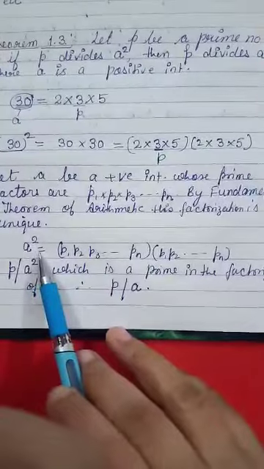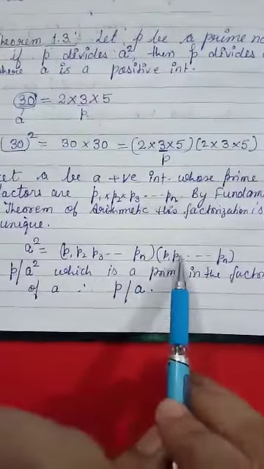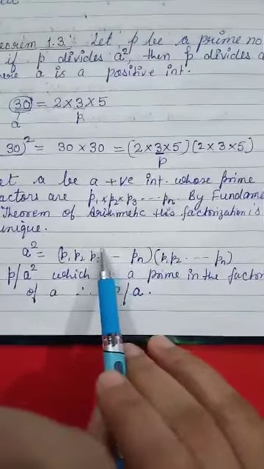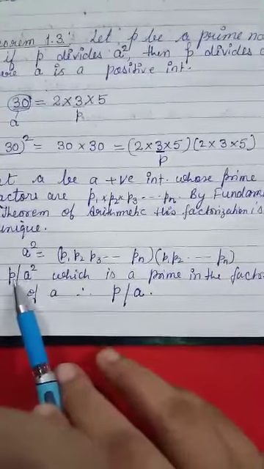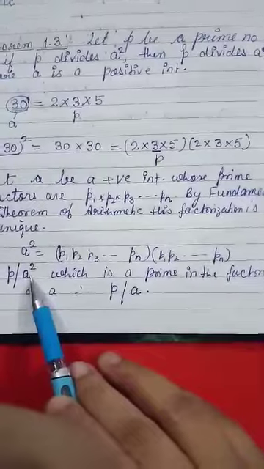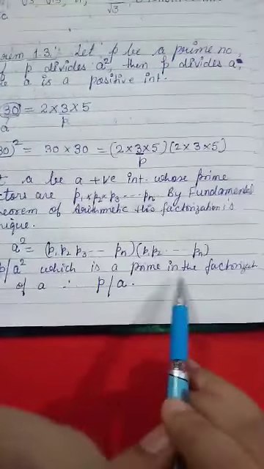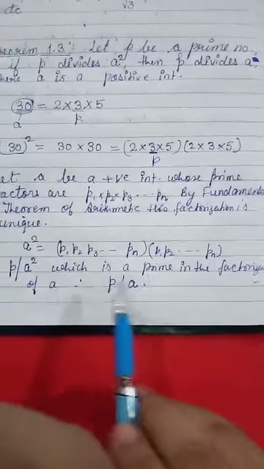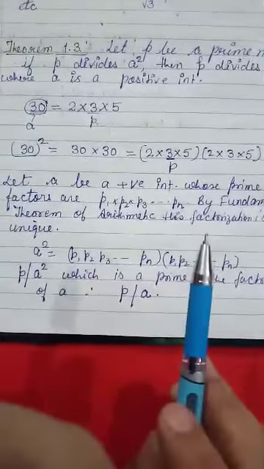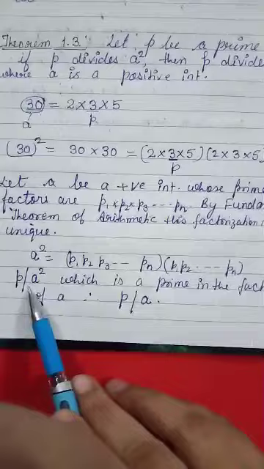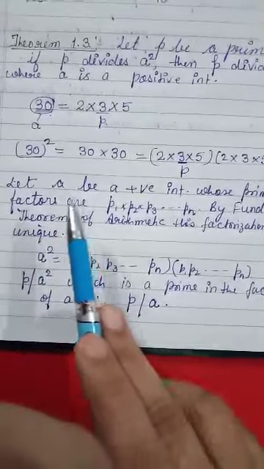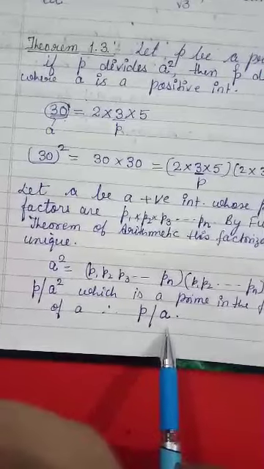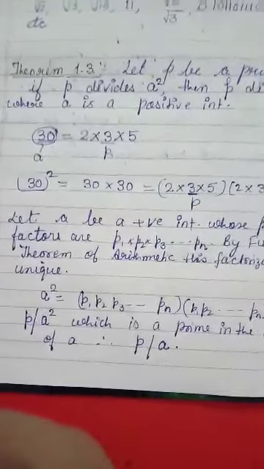So A square के जो factorization होंगे वो उसके मल्टीपल में ही आएंगे, राइट? सो इनमें से कोई एक prime number है which is p divides a square which is given to you, which is a prime in the factorization of a. Because uniqueness of fundamental theorem says that कि ये p a के factors में भी होगा, so therefore p divides a as well. So this is proof of the theorem.